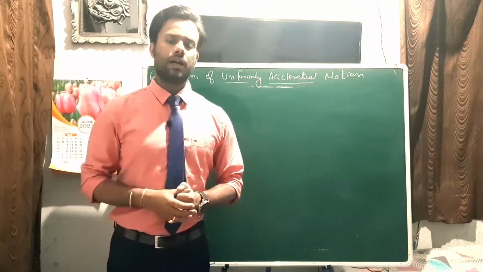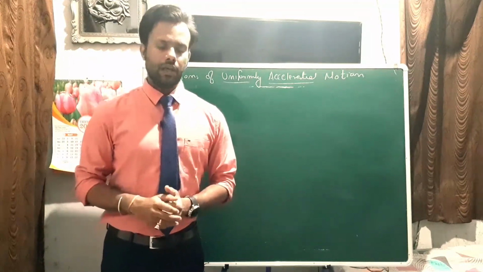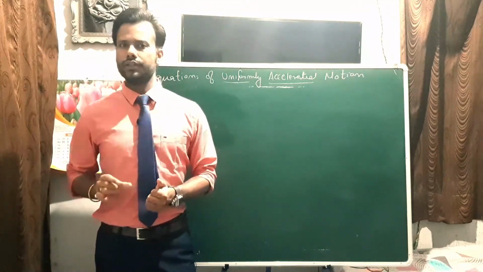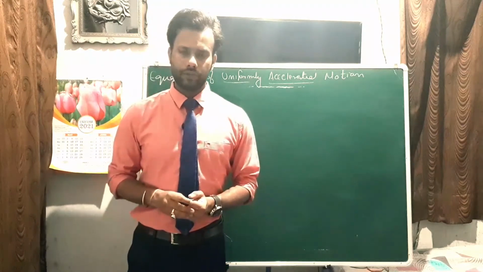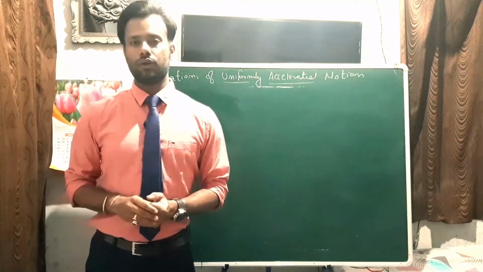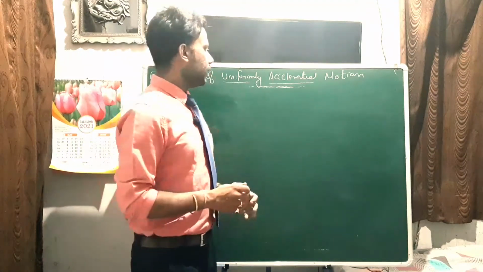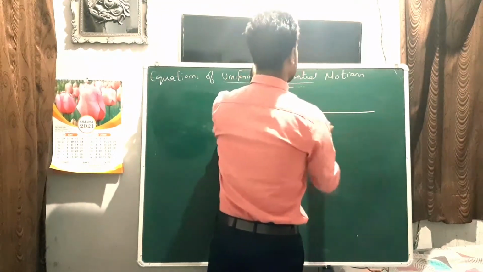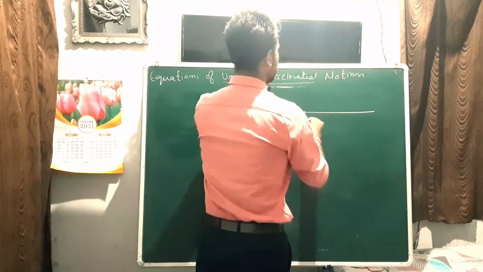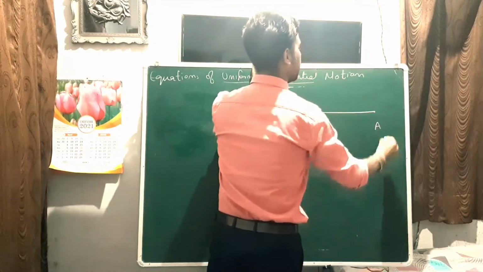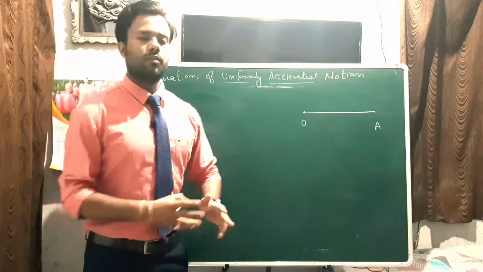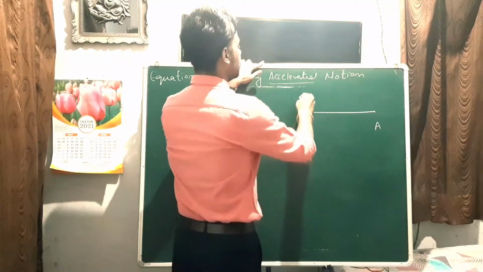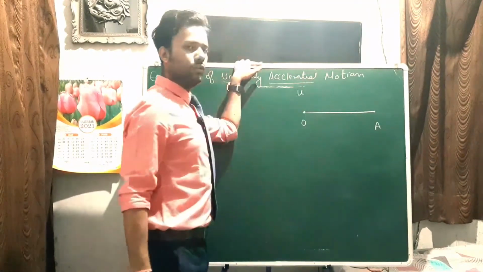These equations are solved by definite integration, and in definite integration we require boundaries or limits of the quantities, right? So what are the limits of the quantities? For that, consider this. Suppose we have 2 points. This is point O, and this is point A. O is the point from where the body started its journey. When the body started its journey, let the initial velocity of the body be u.